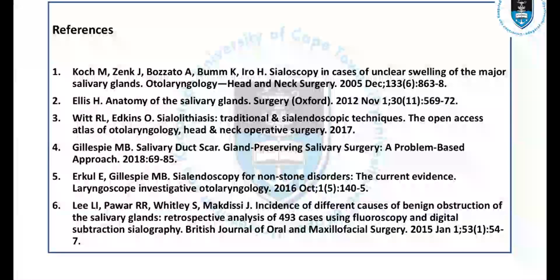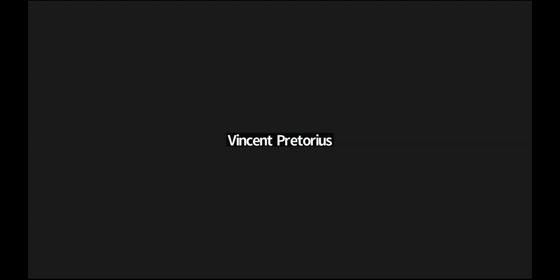Just to add anecdotally, what you read in the literature is that sialendoscopy is effective for Sjogren's, but not as effective as for other obstructive salivary gland diseases. But I must say the patients that we've done with Sjogren's have done very, very well. They go from being symptomatic on a daily or weekly basis to improved.